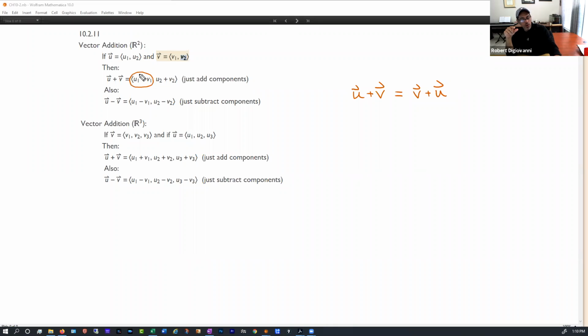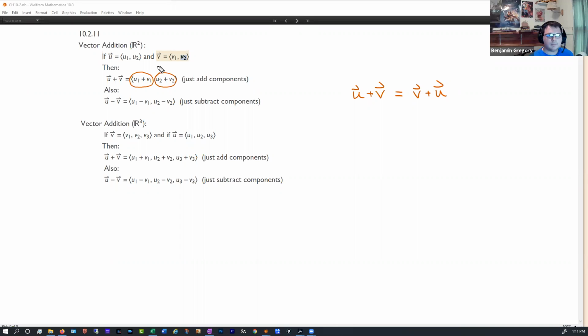When I say u1 plus v1 and u2 plus v2, we're adding two numbers together, right? In regular old addition, does it matter which way we add? Like 3 plus 2 is the same as 2 plus 3, right? So because addition of numbers is commutative, you can switch the order, so is vector addition. Doesn't matter which order you do it.